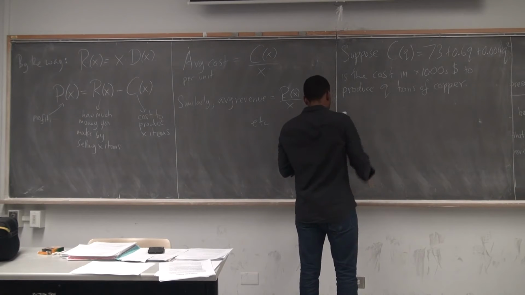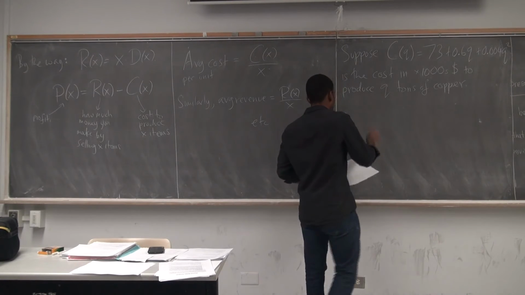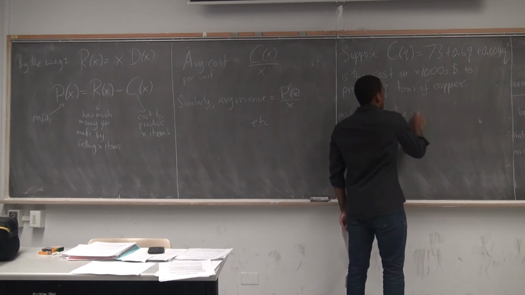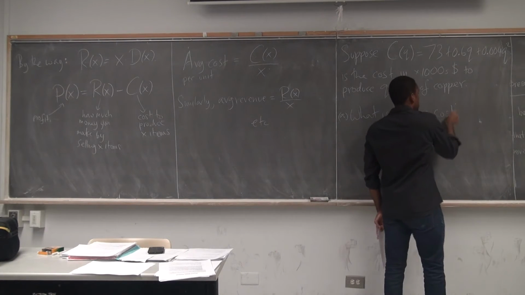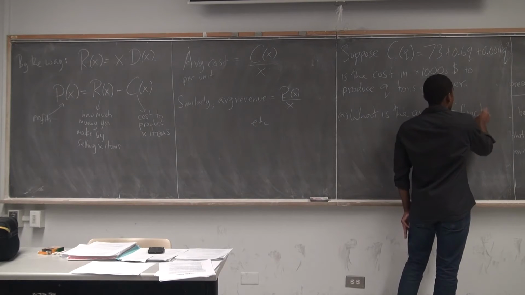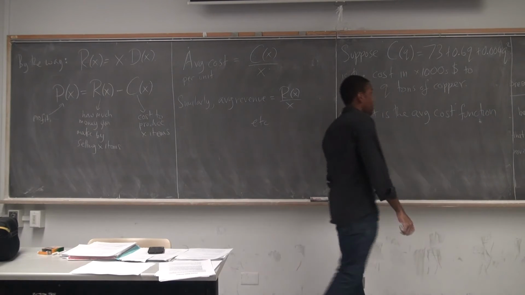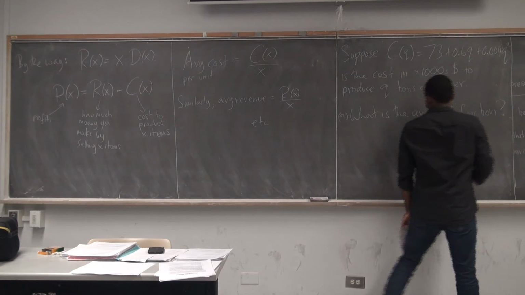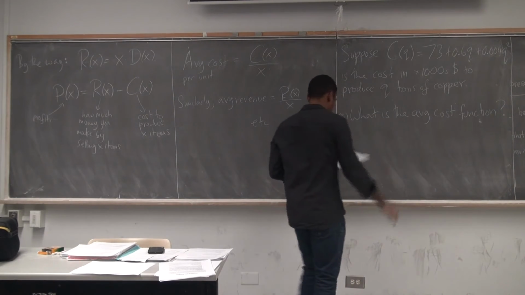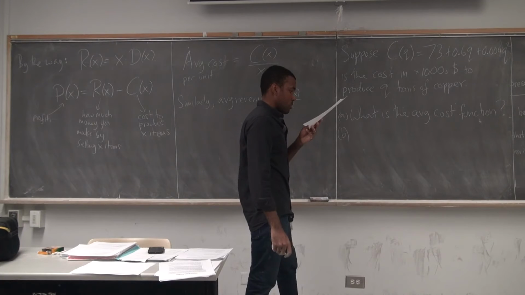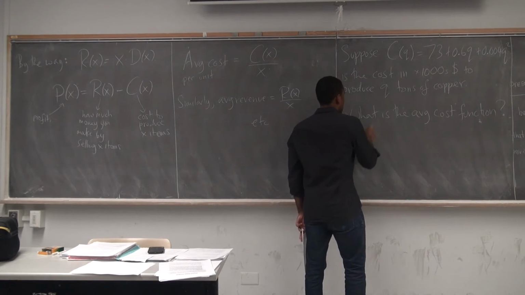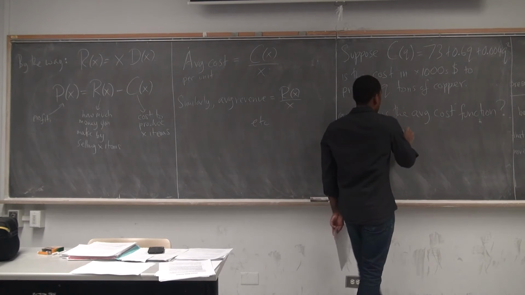A. What is the average cost function? So I want to figure out how much is it costing me on average to produce each ton. What function would give me that? B. Find the marginal cost function.